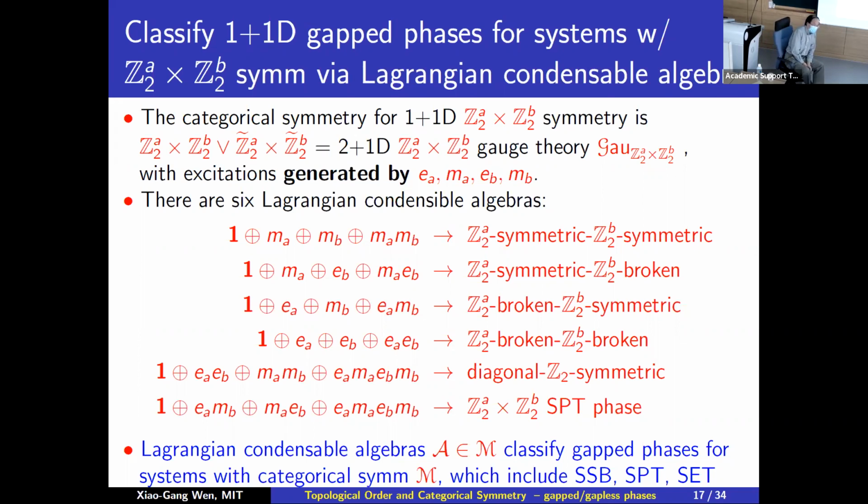You can recover group cohomology. This is pretty non-trivial, because it's a totally different way of thinking, but you get the same result. Here I just give an example, Z2 cross Z2, to say this kind of thing can be true, but for a general group G, this is also true, and labeled by cocycles.